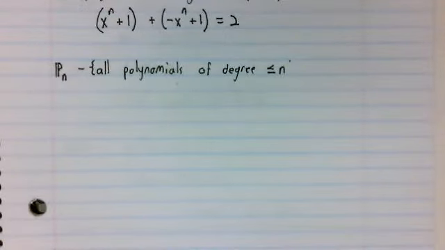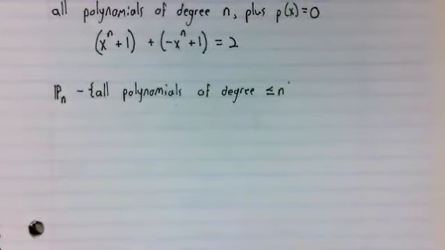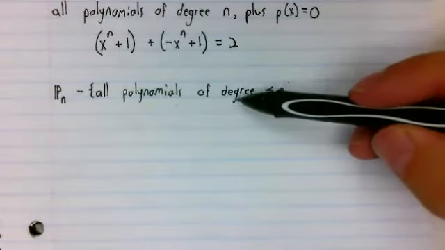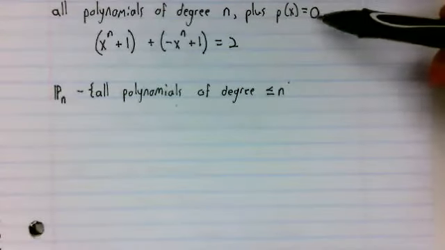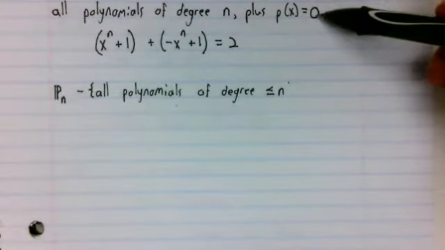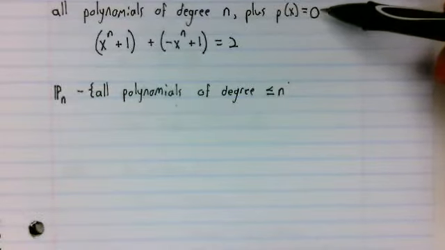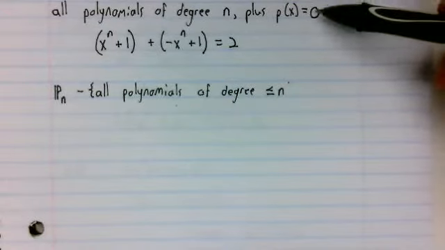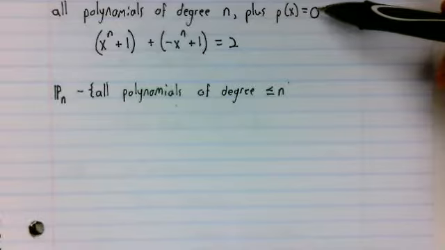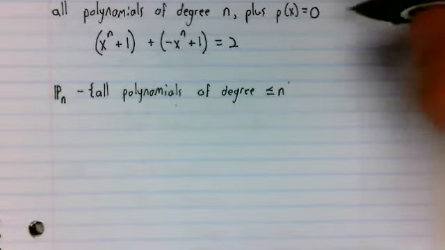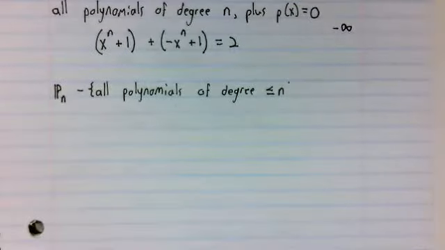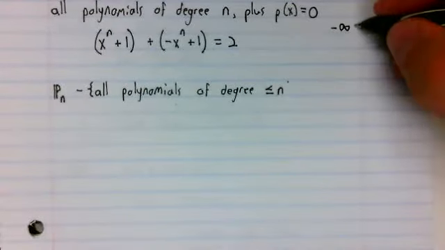So just a minor technical issue is whether the set as described includes 0. Some authors say that the constant function 0 doesn't have a degree. Other people say it has a degree of negative infinity.